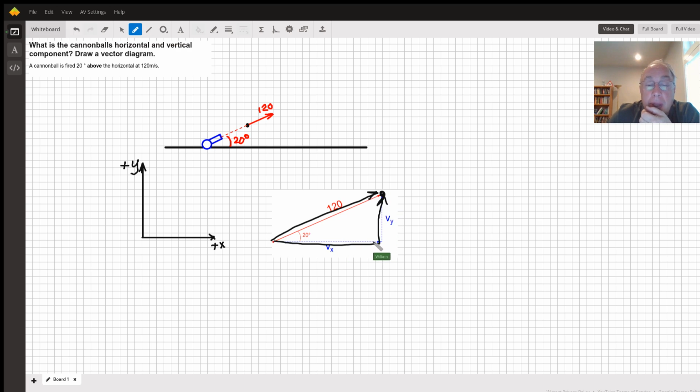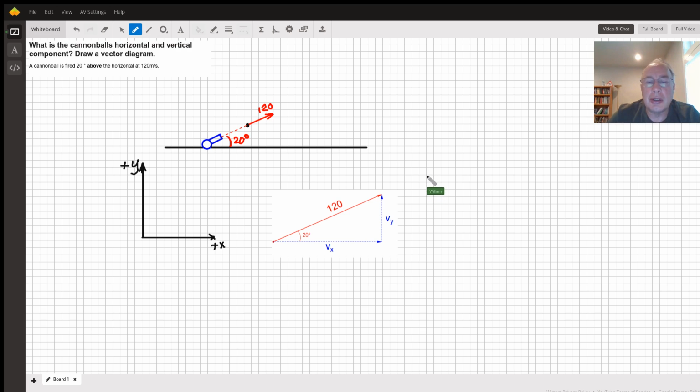And we're going to do that. We're going to go in the two parts that I've listed here as velocity in the X direction and velocity in the Y direction. And those are the components. We're going to use some trigonometry to calculate what those are. If we write an equation related to the ratio of the cosine and the sine and that angle, we'll be able to get those components.